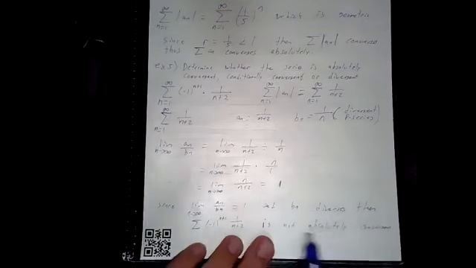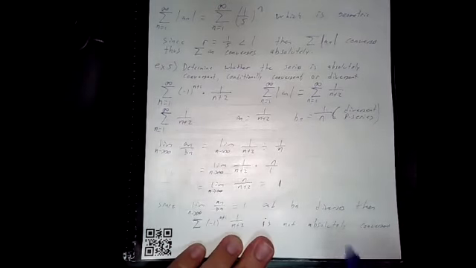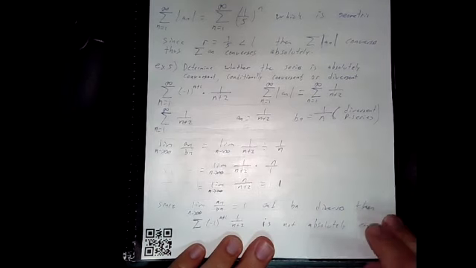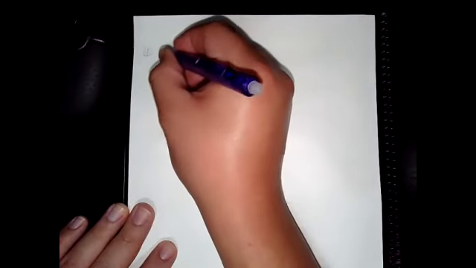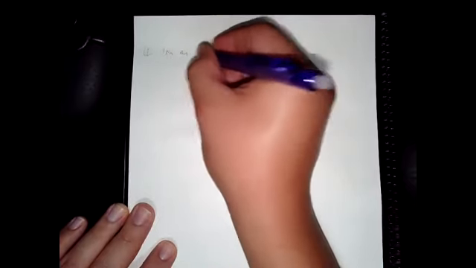Sorry. So since it's not absolutely convergent, this is where we decide, is it conditionally convergent? Okay. So number one, is the limit of a sub n equal to 0?